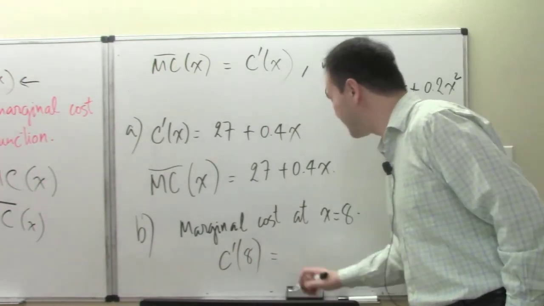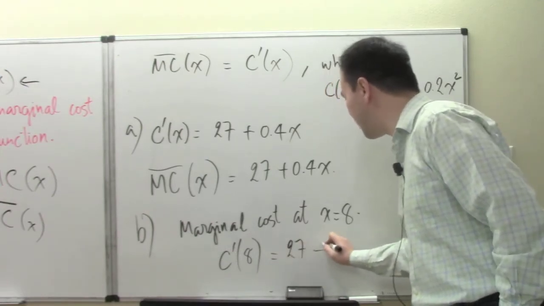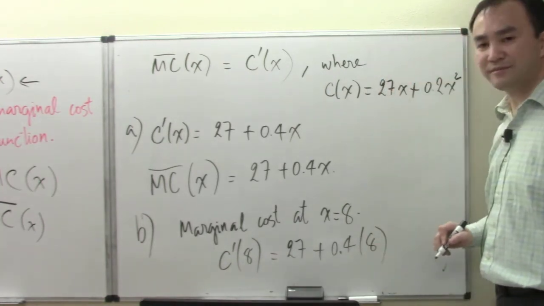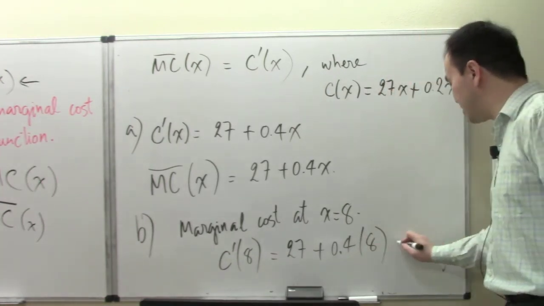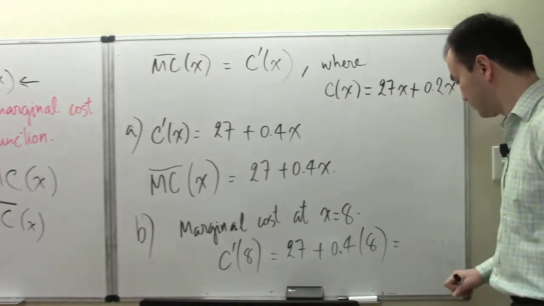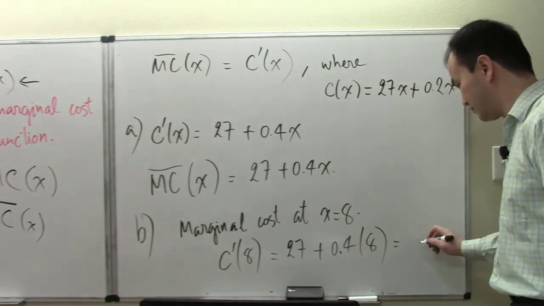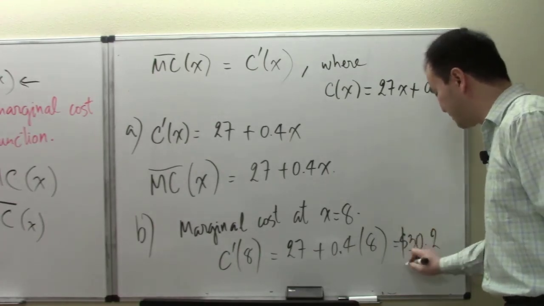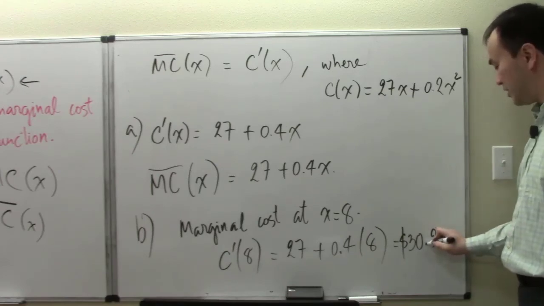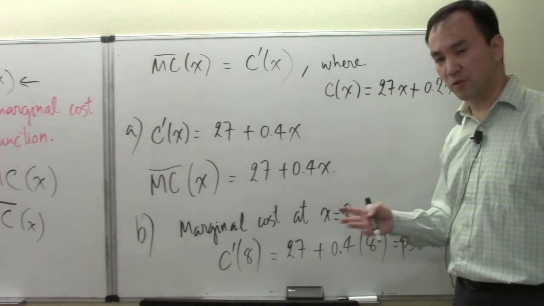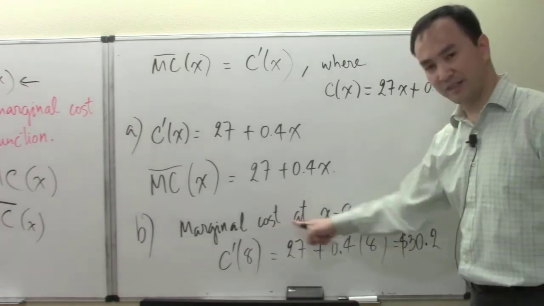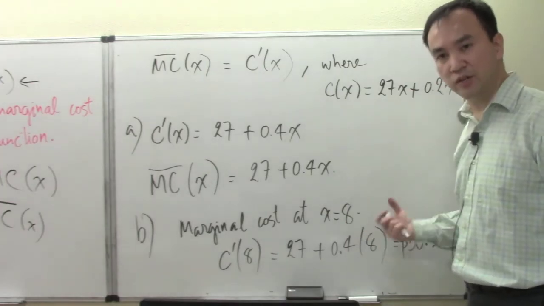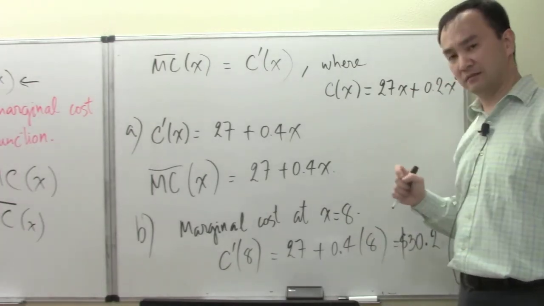That means 27 plus 0.4 times 8, which is $30.2. In words, this is the marginal cost at x equals 8, at selling 8 units.